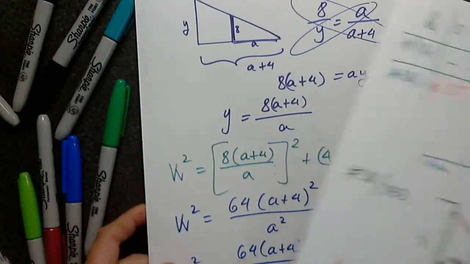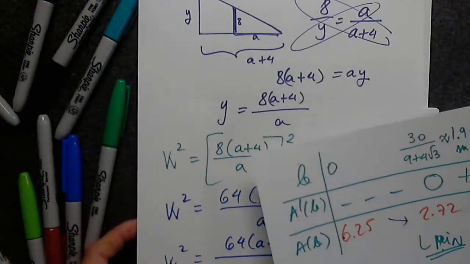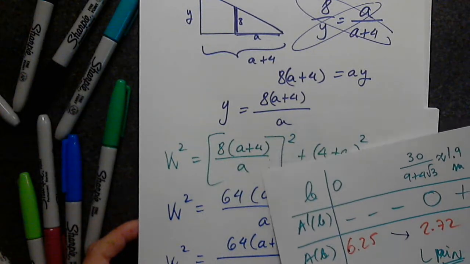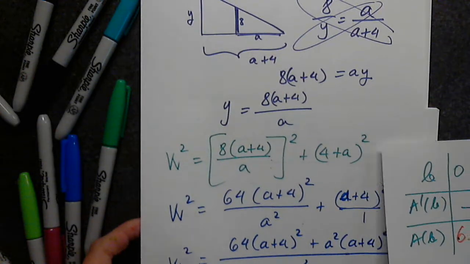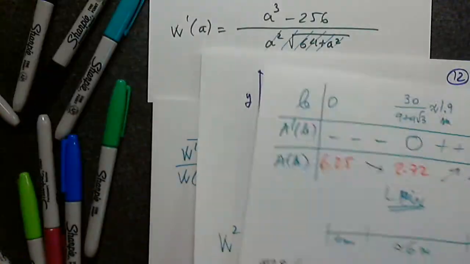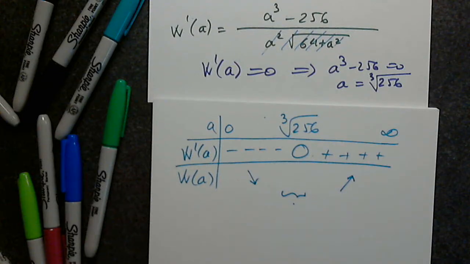That's okay, it's still the same thing: 64 times this divided by a squared, plus 4 plus x squared.